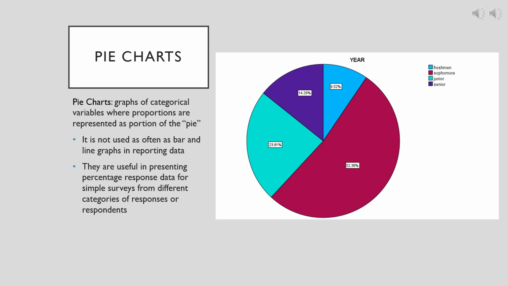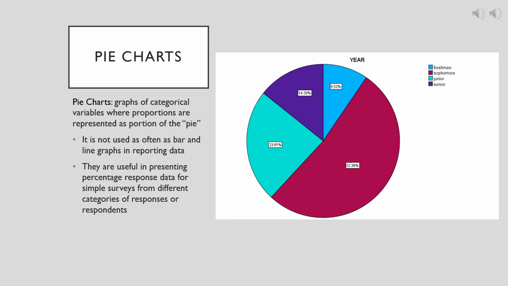Or in this case, pie charts are oftentimes used to show percentages. Sometimes you'll even see the absolute numbers and the percentages for each pie slice at the same time. But this one's presenting, okay, it looks like 52.36% of this particular sample of undergraduate students are sophomores. So that takes up the biggest chunk.